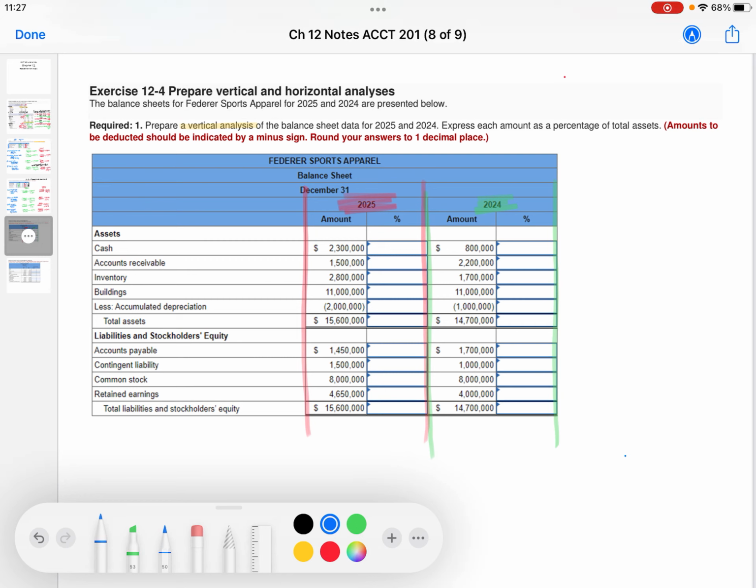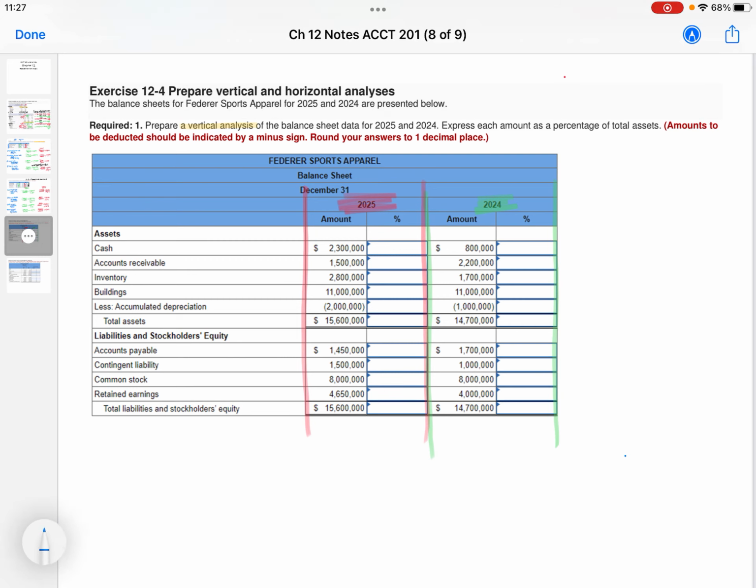Now for the balance sheet, they did give us the information: we're going to do this as a percentage of total assets. When you do a vertical analysis, you're always taking some account balance, whether it's an asset, a liability, or if we were doing an income statement, maybe an expense.